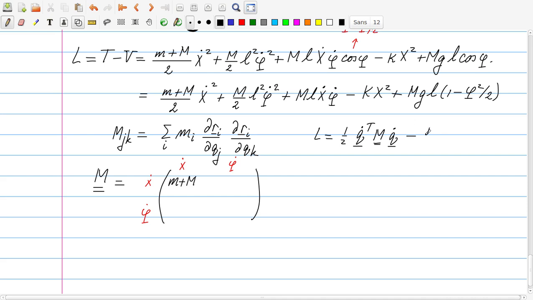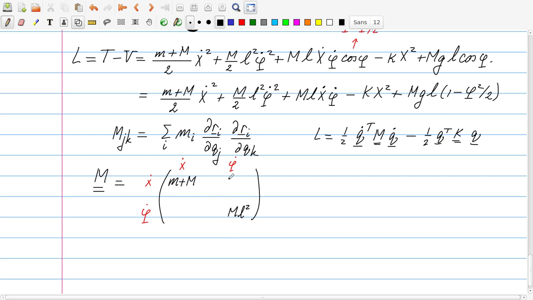Let's complete this expression: half q transpose K q, and then we fill in the rest of the terms. So the lower right is the one corresponding to the phi dot squared, as you can see, and therefore I have an ml squared there.